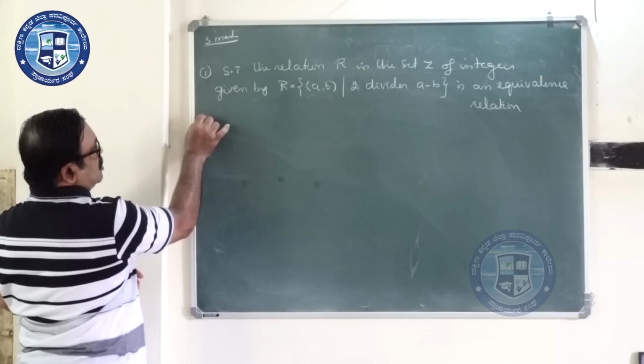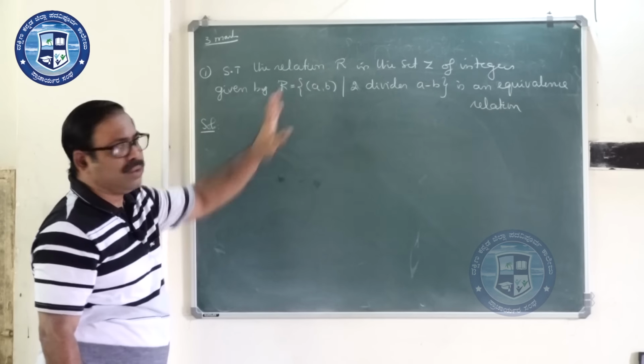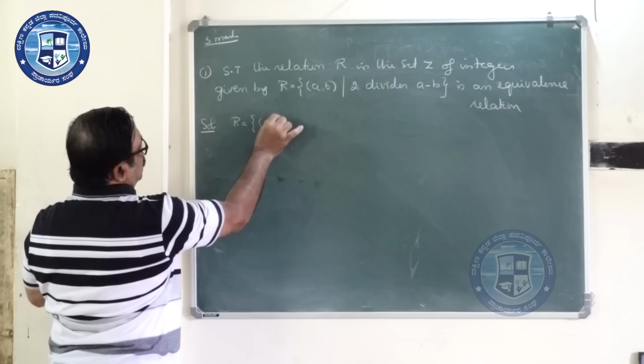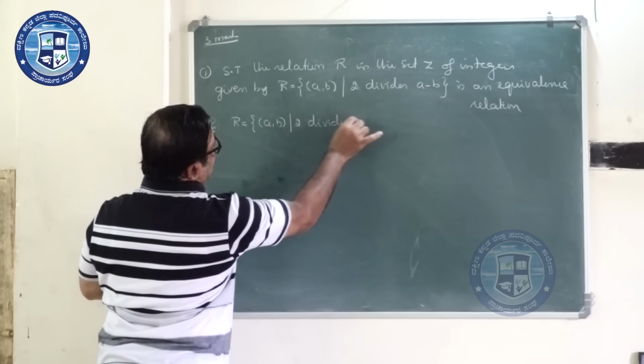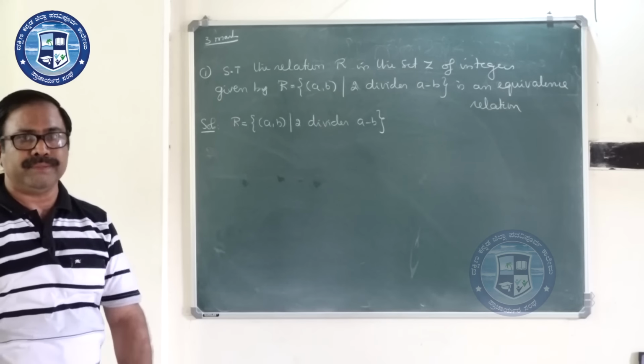See, solution. What is given? R equal to (A, B) such that 2 divides A minus B. This is already given in the problem.